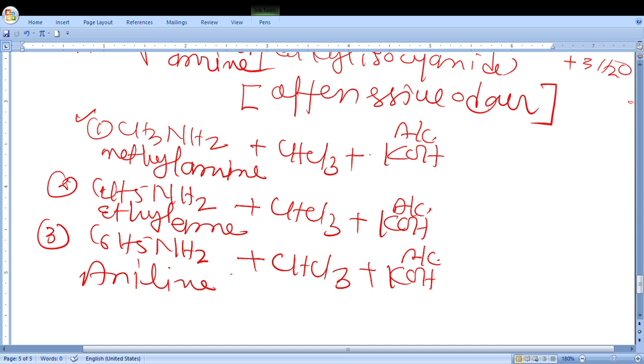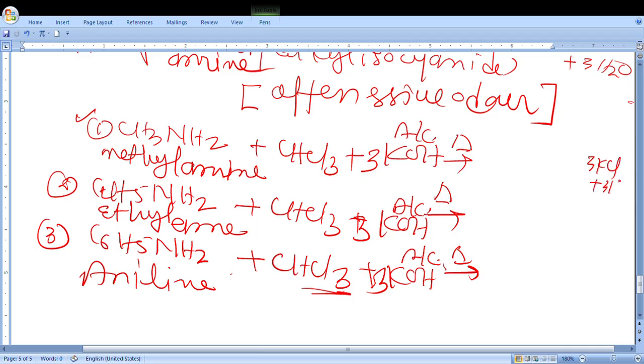Here 3 KOH, 3 KOH and 3 KOH to remove 3 Cl, and this will be done by heating the mixture, to give 3 KCl, 3 H2O.